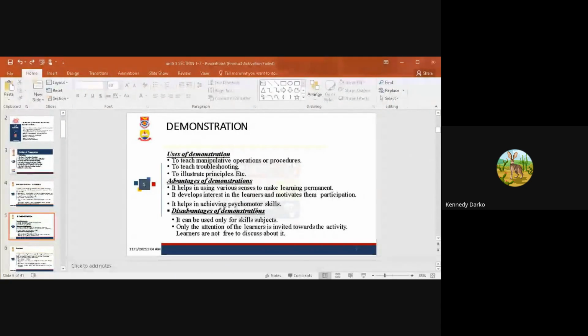Only the attention of the learner is invited towards the activity. So you must pay attention to whatever is going on. I quite remember in a chemistry class, I swallowed the base. I was taking the base with the burette before I realized it entered my throat and went down.